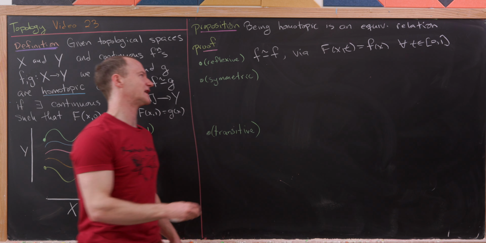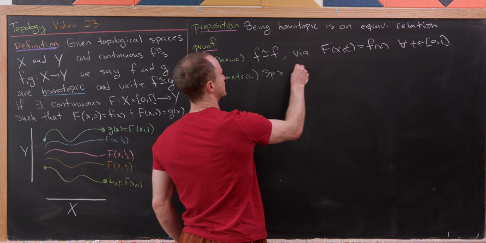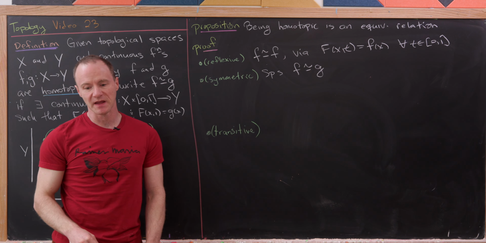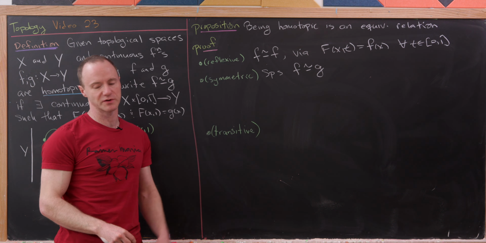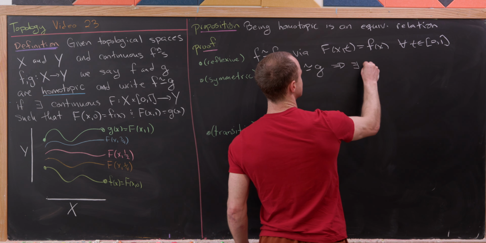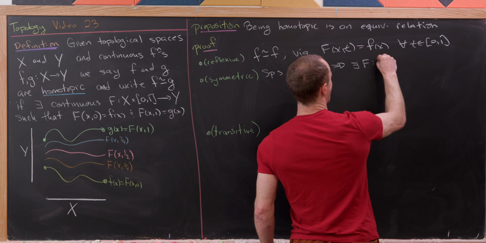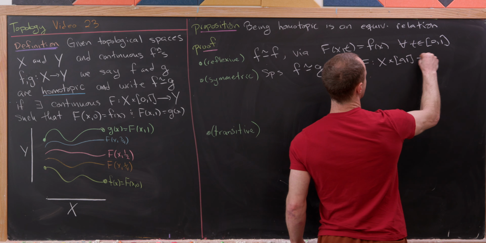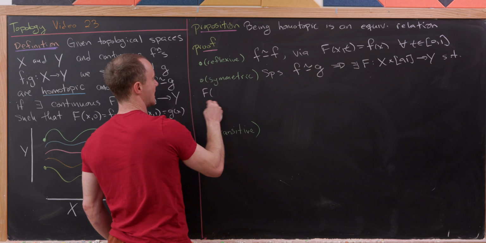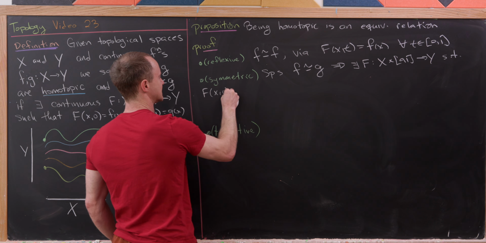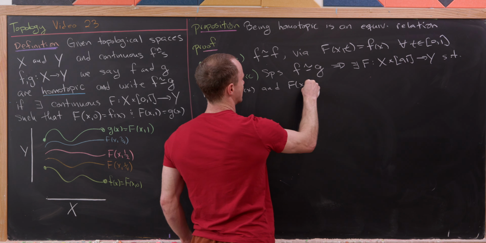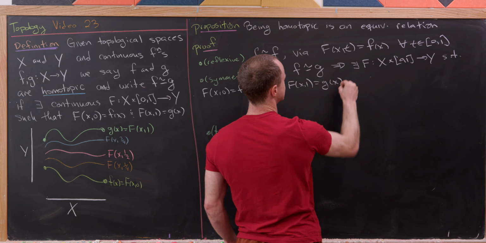Okay, so now we need to show that it's symmetric. In other words, we want to suppose that f is homotopy equivalent to g, and then we'll show that g is homotopic to f. Okay, so let's see. This implies that there exists an F from X cross [0, 1] to Y such that F of x comma 0 is equal to little f of x, and F of x comma 1 is equal to little g of x.